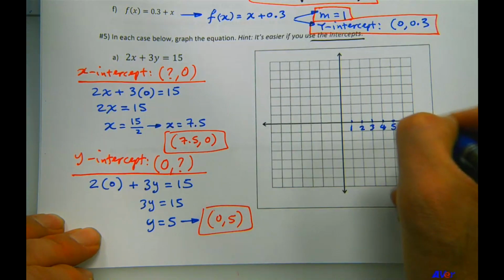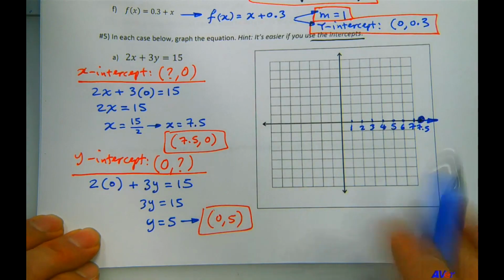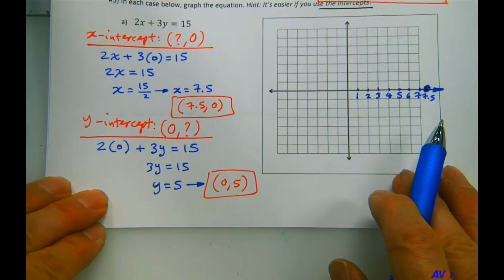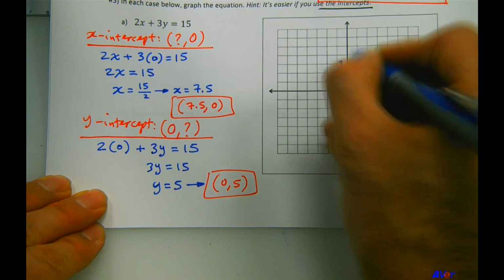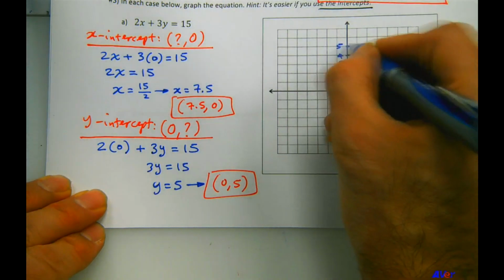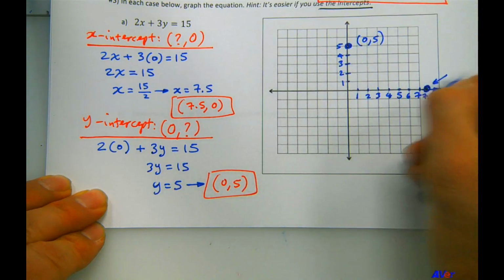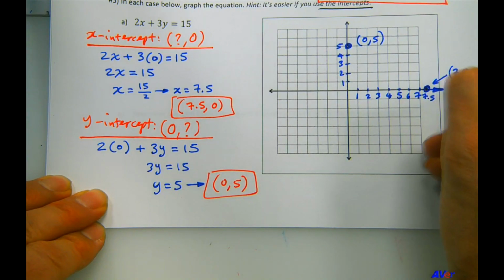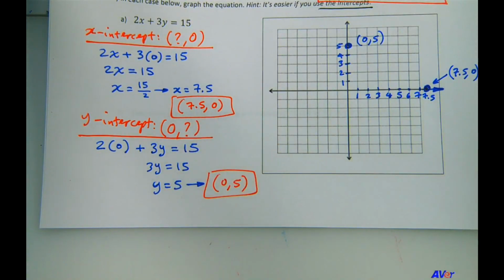So that's one of the points. And then the y-intercept is 0 comma 5. So 1, 2, 3, 4, and 5. That is 0 comma 5. That point is 7.5 comma 0. Right? We plotted these 2 points. Now let's draw a line right through them, and I need to grab my ruler from my backpack here.